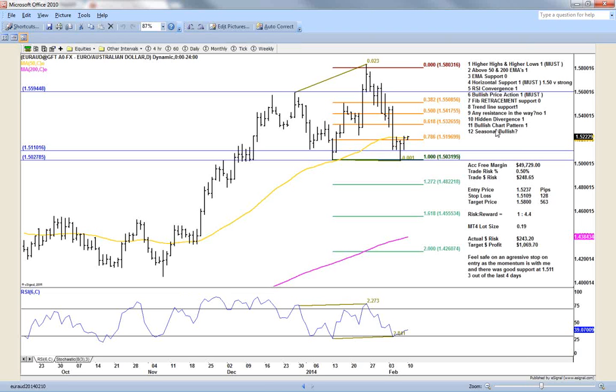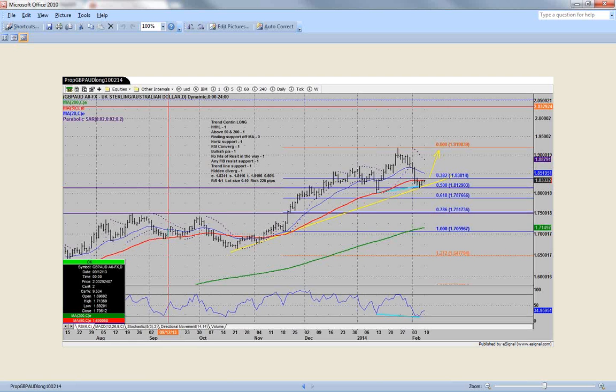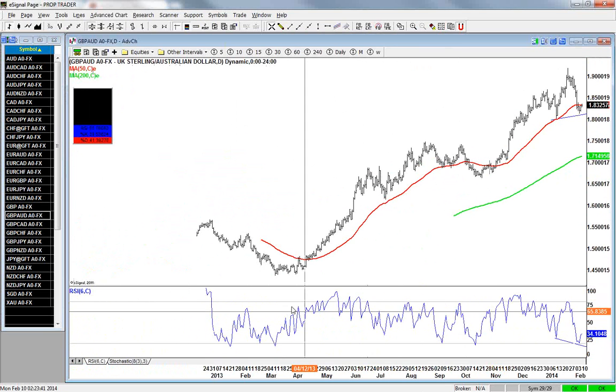Yep, bullish chart pattern, double bottom. Okay, yeah, that's good. Other than having your stop here, I'd have it under here. Okay, this all looks good. There's bullish hidden divergence, trendline support. Really? Pound Aussie trendline support.